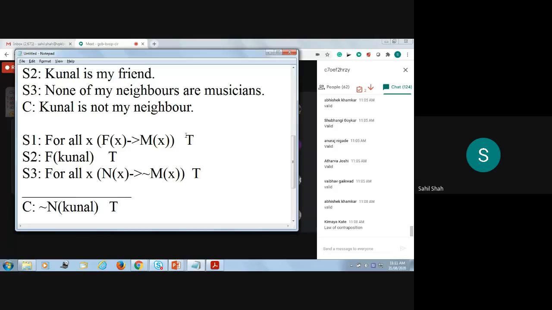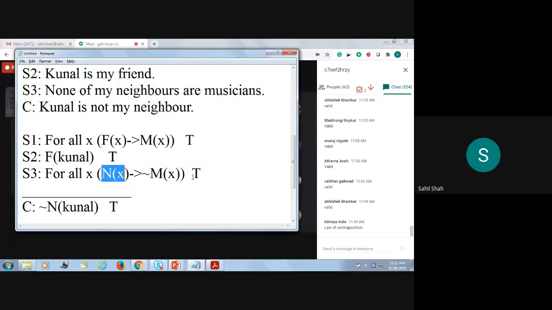I want all as true. So how can I say, in order to have all these true, the first statement should be true. At the same time, the second should be true. Friend of Kunal is true, Kunal is a friend. Okay, this is true.